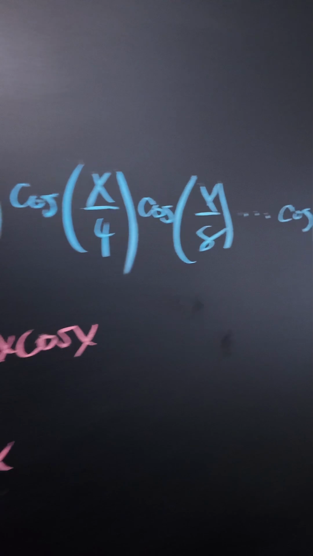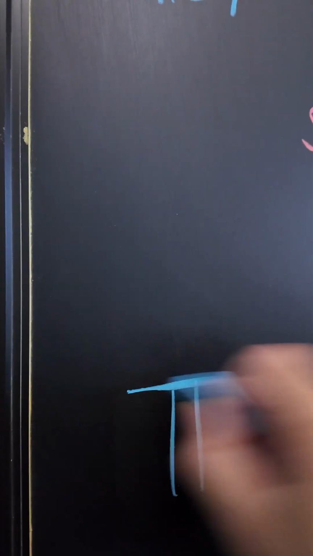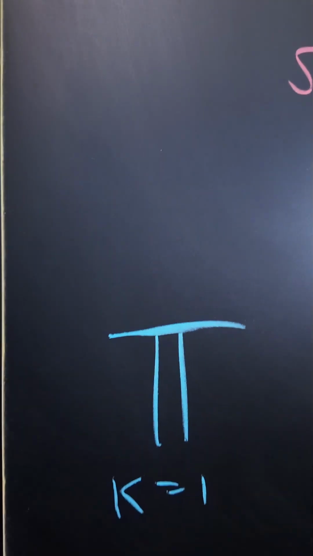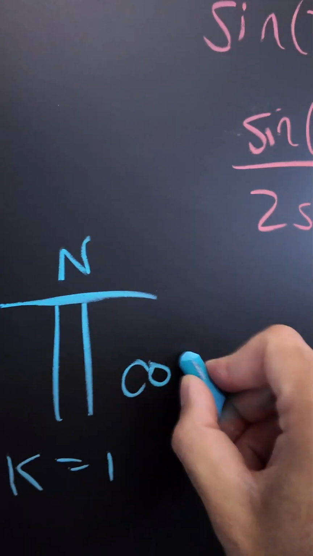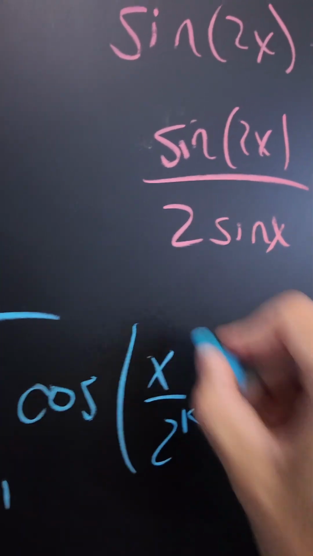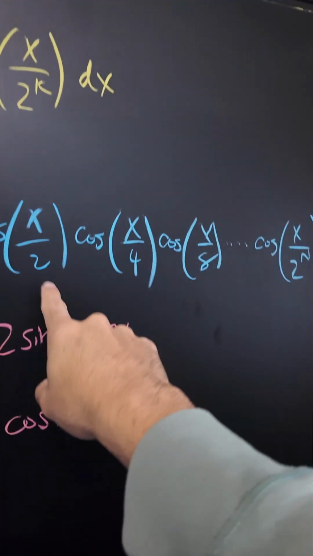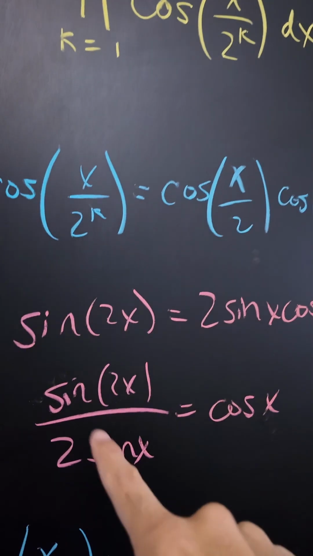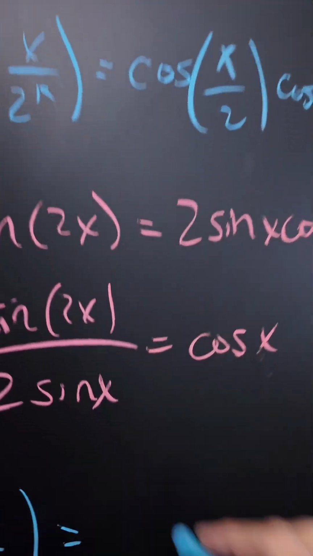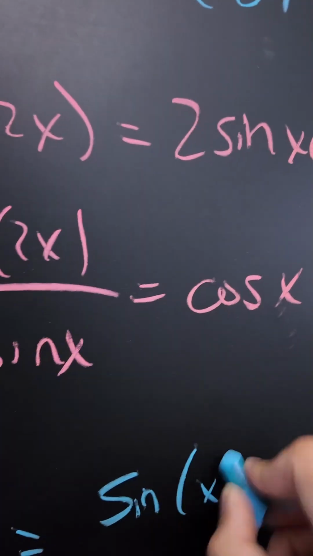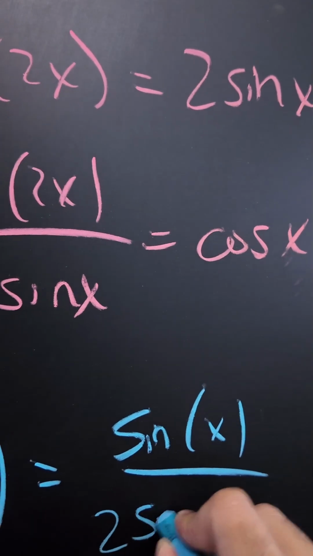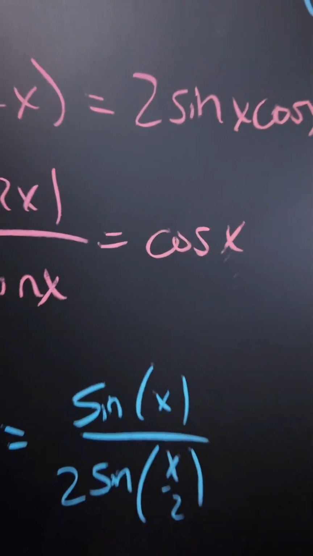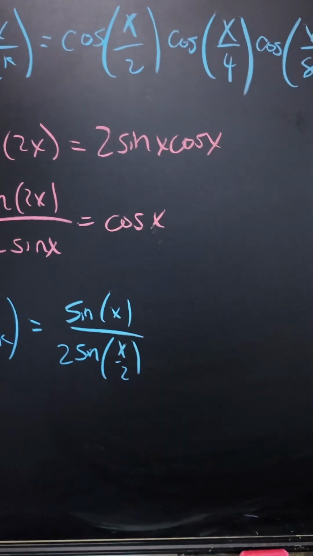So let's say, for example, that we have the finite product of this particular term. Now we're gonna go ahead and change this because now we have cosine of x over 2. This is our input value. So this will equal sine of 2 times that, in other words sine of x over 2 times sine of the particular input value that we originally had, and that's gonna be sine of x over 2.